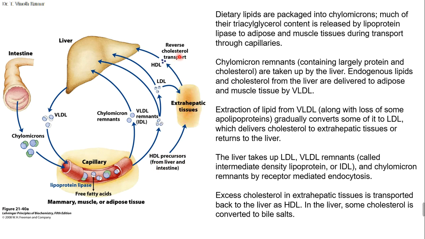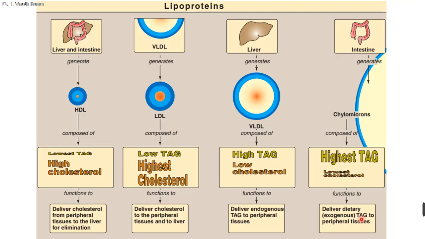The HDL will carry out reverse cholesterol transport, that means it will reduce the cholesterol concentration in the blood circulation. So the chylomicron remnants containing largely cholesterol are taken up by the liver, and endogenous lipids and cholesterol from the liver are delivered to the adipose tissue. Whatever I told is given here, and this is the overall view of the lipoproteins.